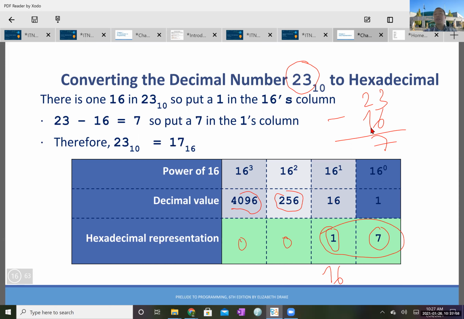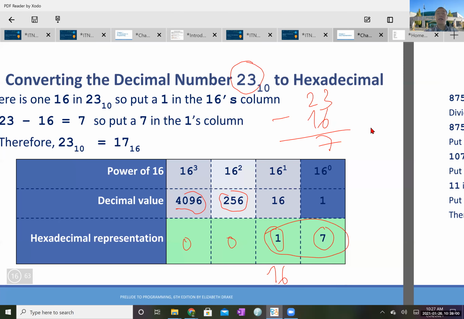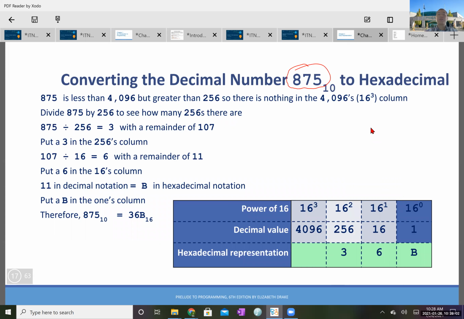If you want to convert 875 from decimal to hexa, you do everything from the left to the right. You have 0 here, right? So you have 3 of the 256 in order to make up for the 875 here, right? 4 is too much, and 2 is very, very small here, right?